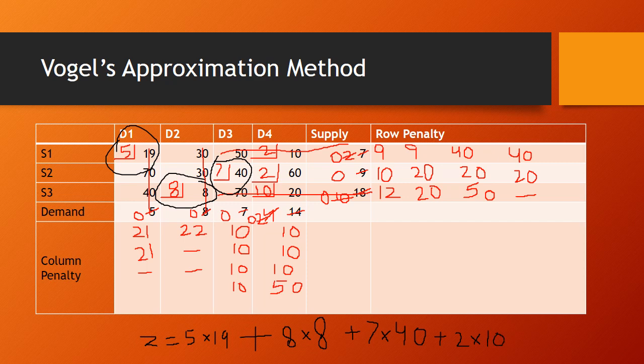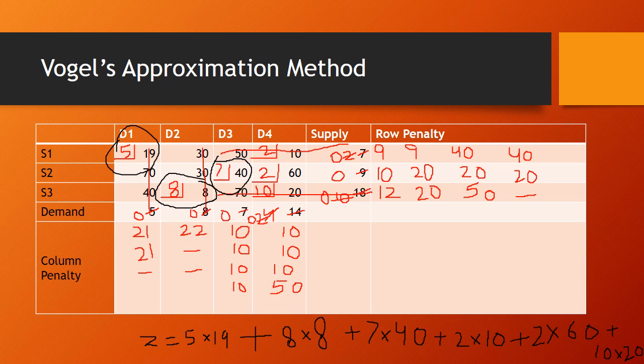Next is similarly 2 into 60, and the last one is 10 into 20. This you will find out by multiplying and adding, and that will be the least cost.